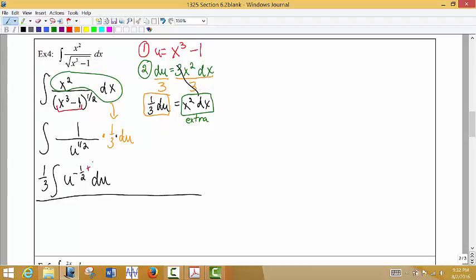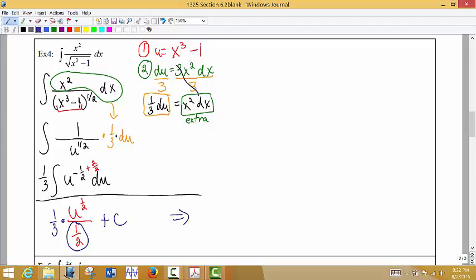I'm going to add 1 to the power. So it's adding 2 over 2, so we get u to the 1/2 power, divide by the new exponent, and then I'm going to multiply by 1/3. Don't forget my constant of integration. The last thing we want to do is replace u with what it originally represented in terms of x.